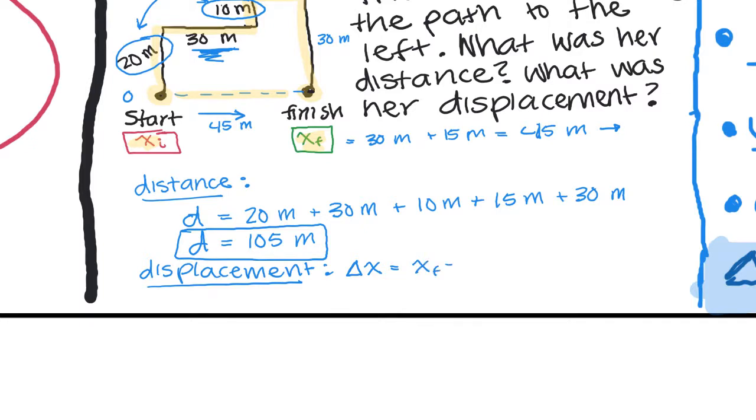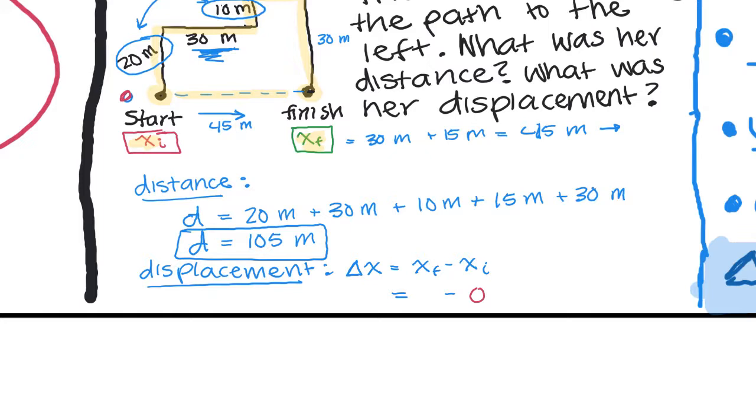Xf minus xi. Okay, so we're starting off with xi. We already know that xi was equal to 0. We're just going to let xi equal 0. She has not started walking yet at xi. So I'm going to say 0 right here.